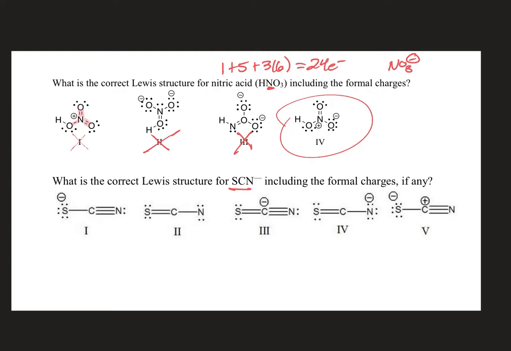It's in the order there, and you have SCN for each of the 5 molecules given. So we got sulfur in group 6, we've got carbon in group 4, we've got nitrogen in group 5, and then we have a negative charge. So this has 16 electrons. Let's count up 2, 4, 6, 8, 10, 12, 14, and 16.